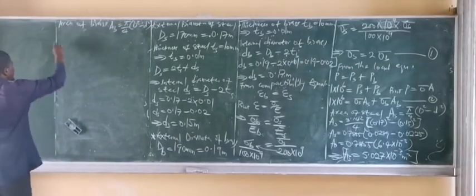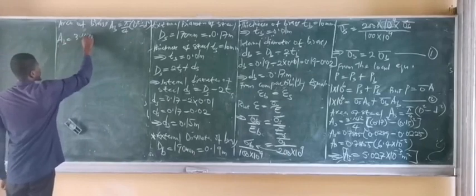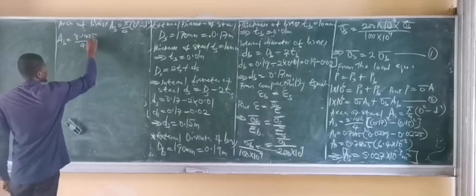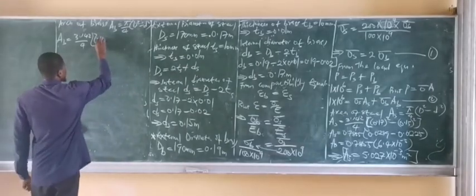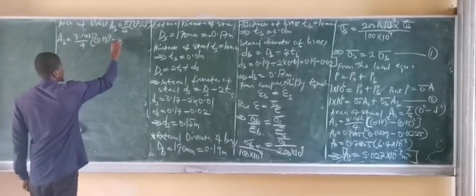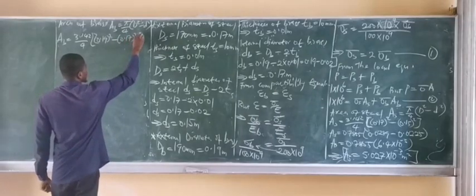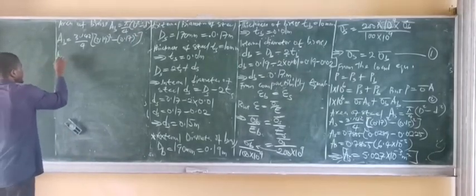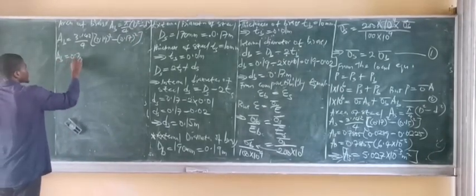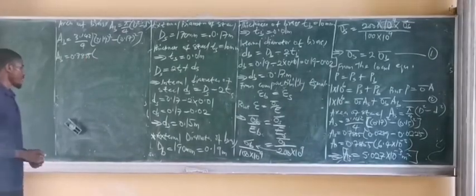So area of brass is 3.142 divided by 4, times external diameter of brass, 0.19, squared, minus internal diameter, 0.17, squared. So area of brass is now equal to 0.7855 times 0.19 squared.